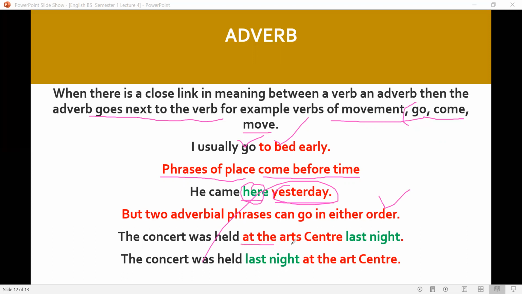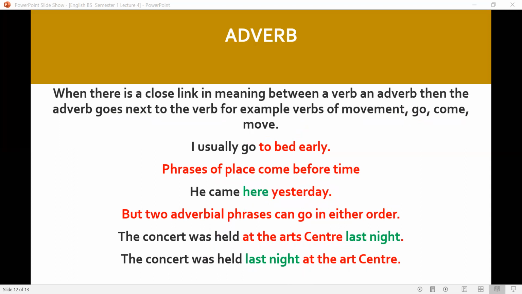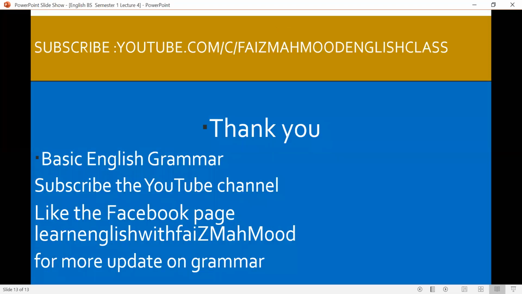This is one: Arts Council is place, last night is time. The concert was held last night at the Arts Center. You may use any of these two structures, time and place. Thank you very much for watching. We will be here with another lecture explaining some more about your syllabus.